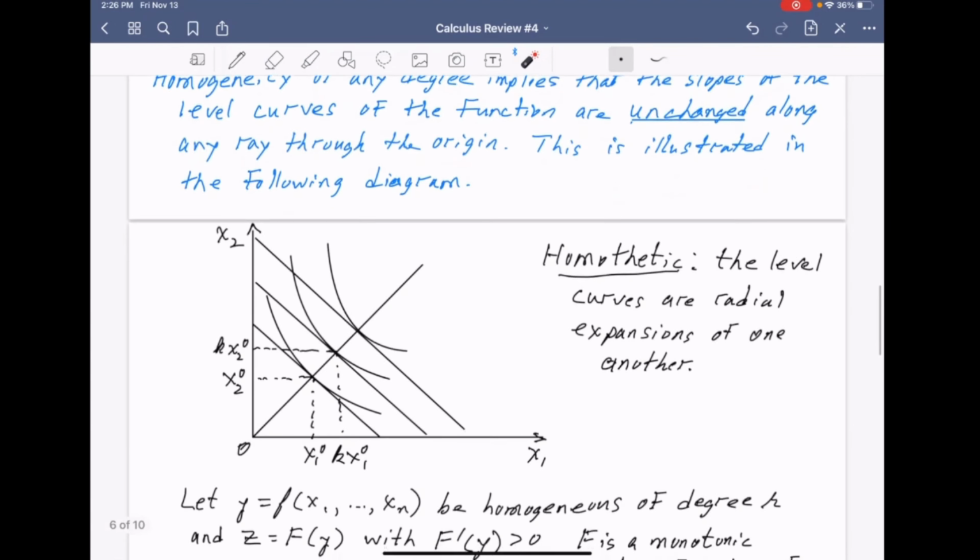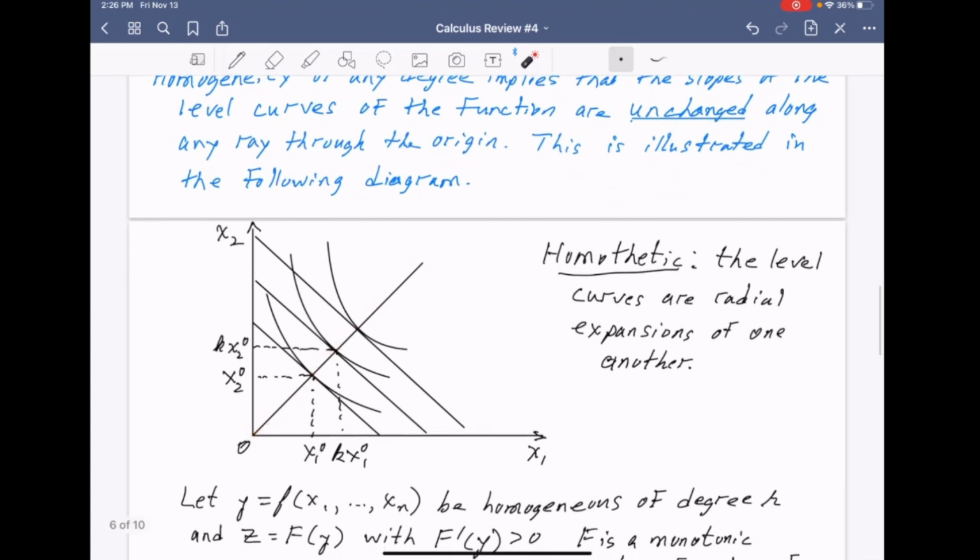So you'll see here we have a ray through the origin. We have input x1 and input x2. These are our isoquants. And along that ray, the isoquants all have the same slope. The slope of this is equal to the slope of that, and the slope of that. And if you pick any other ray through here, you'd get exactly the same thing. Those slopes would be the same in each case.